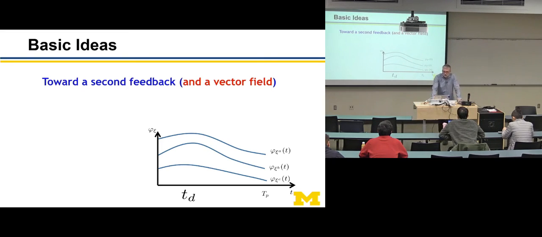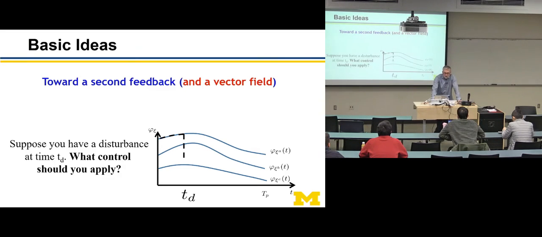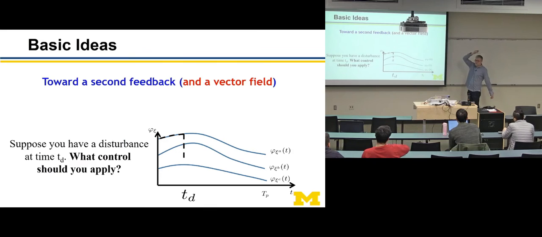We're going to do the classic Gedanken thought experiment, okay? So I'm going along, and I'm pushed off my trajectory. What control signal would you like to apply at that point?